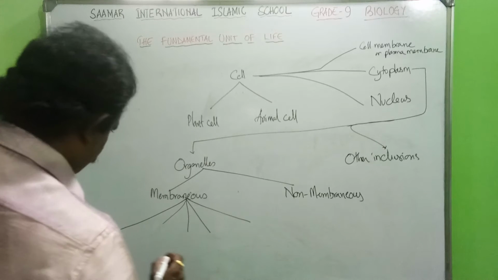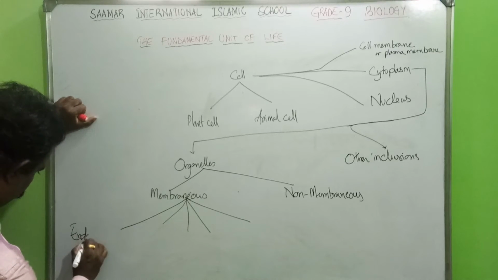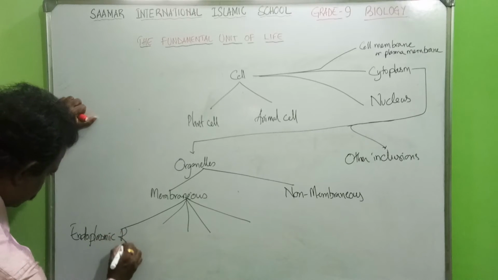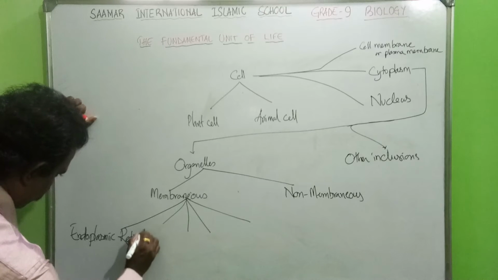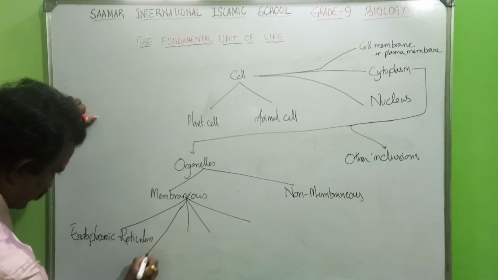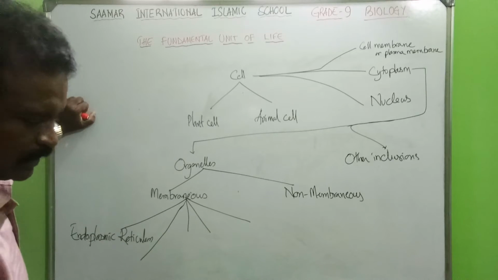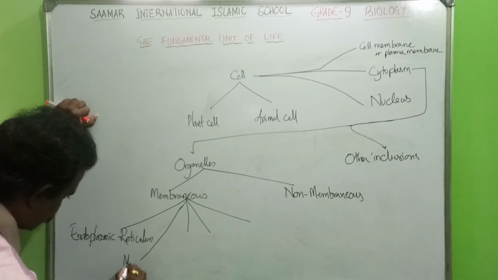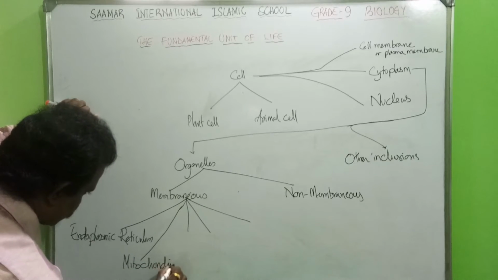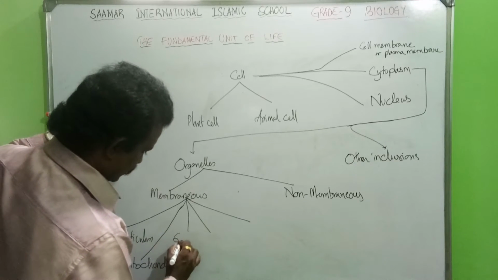First one is endoplasmic reticulum. Second one is mitochondria. Clear? The third one is Golgi complex.